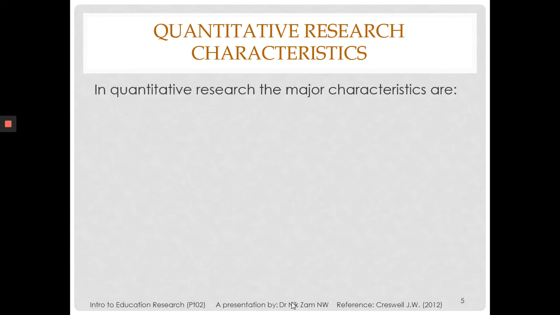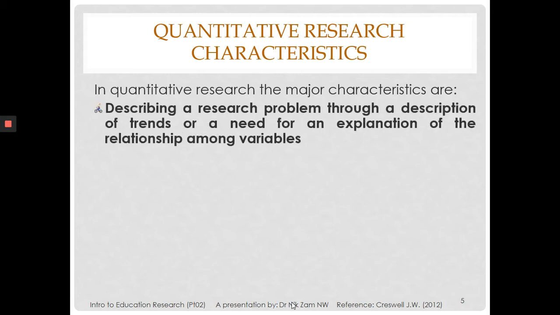Next, we proceed by looking at the quantitative research characteristics first. In quantitative research, the major characteristics are: first, describing a research problem through a description of trend, or a need for an explanation of the relationship among variables.